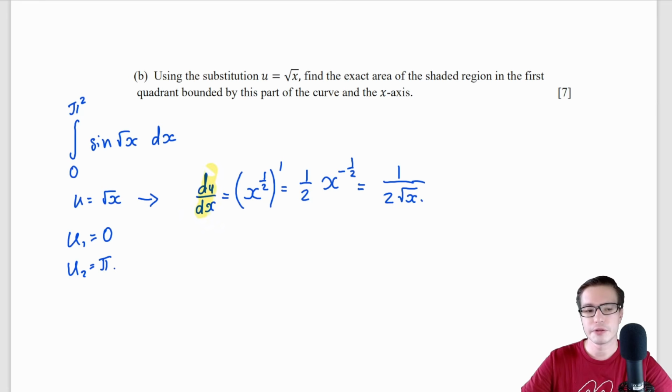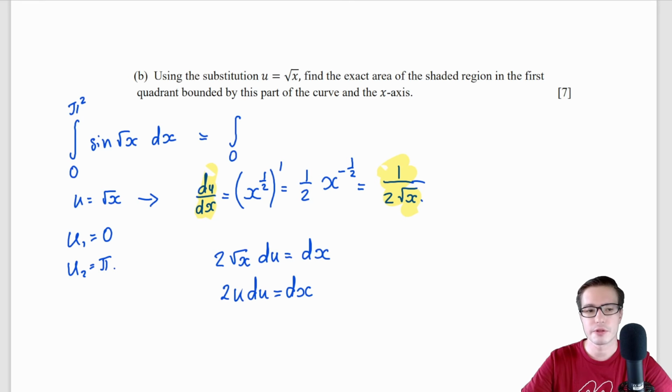Now consider this equation and cross-multiply it. And that's our replacement for dx, but let's not forget that square root of x is u, so 2u du is equal to dx.